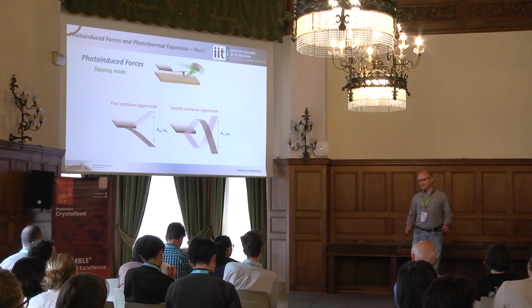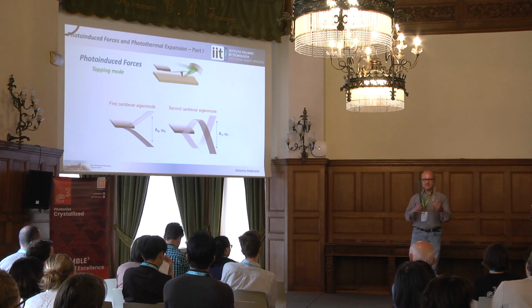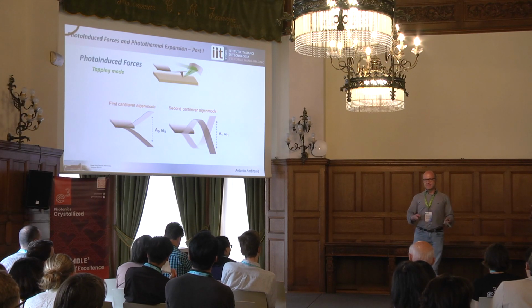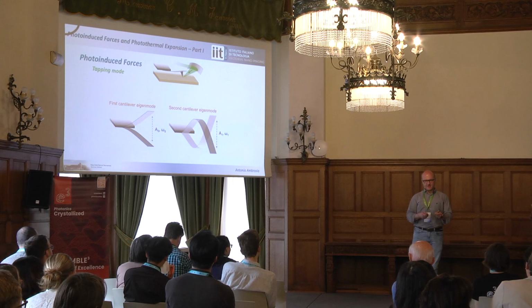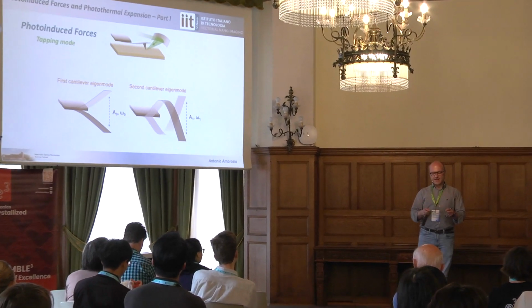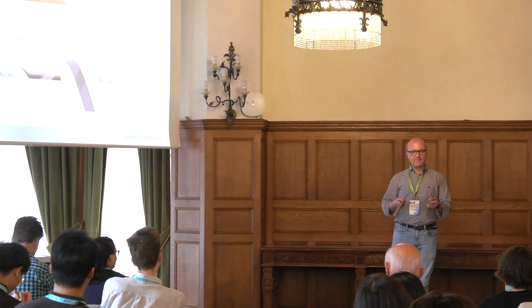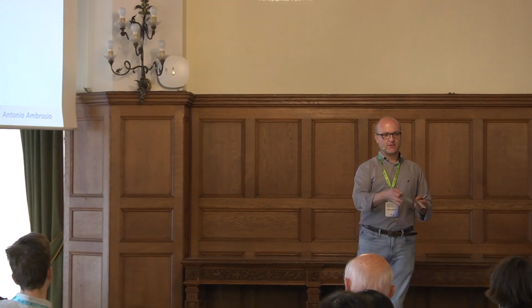But there is a difference, the length in this case, right? Even if they are the same section, same material, the length sets the spring constant of these two elements. That's why this is more rigid, and this is less rigid. That means that the eigenmodes are shifted toward smaller frequencies than these, and that's why eventually I can do it. You have the second mode.